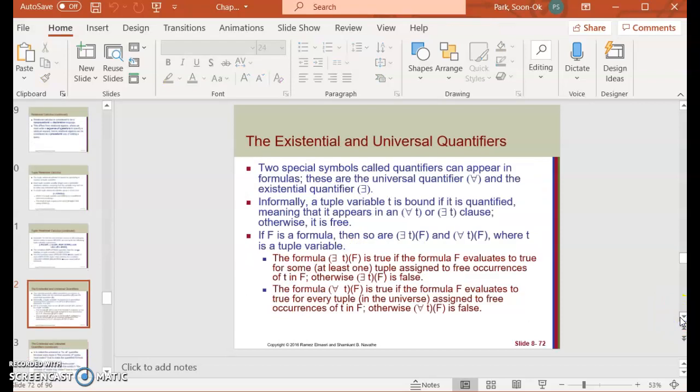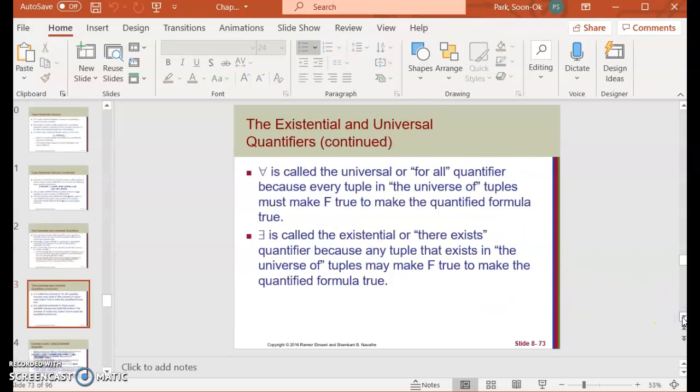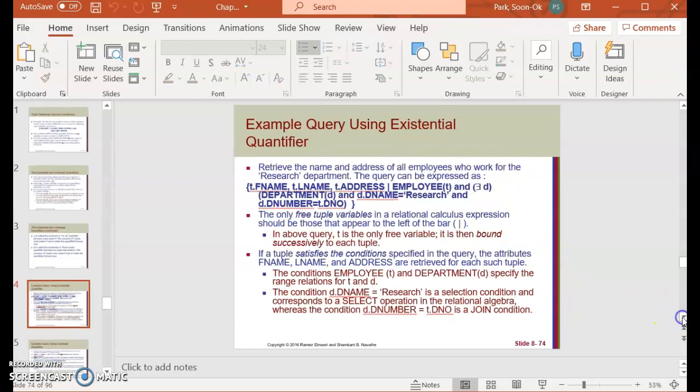It can also be used with existential and universal quantifiers. Here is an example from the chapter 8 query in natural language, which you can write using tuple calculus.